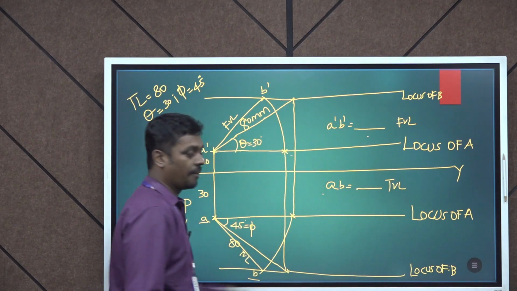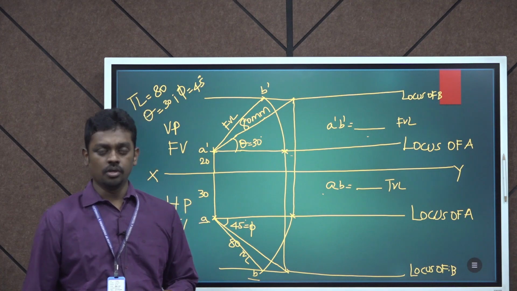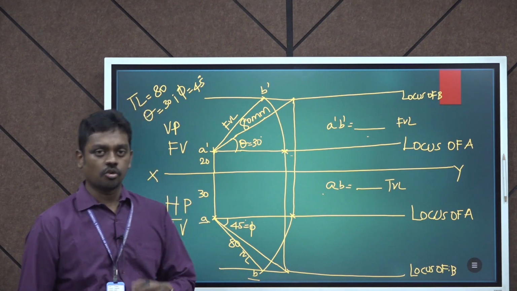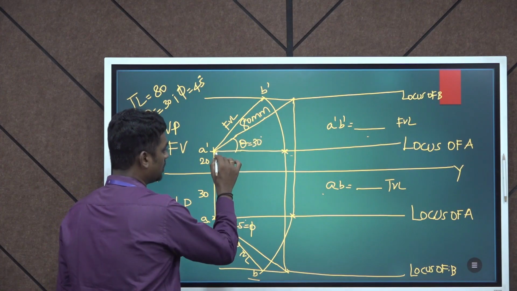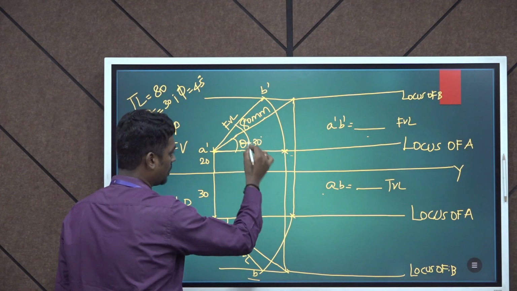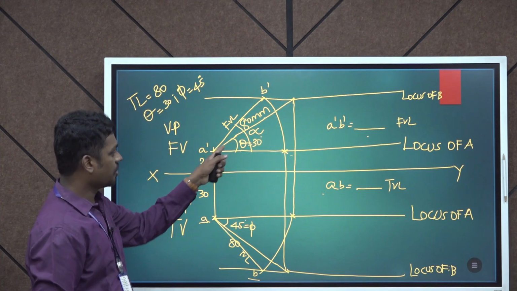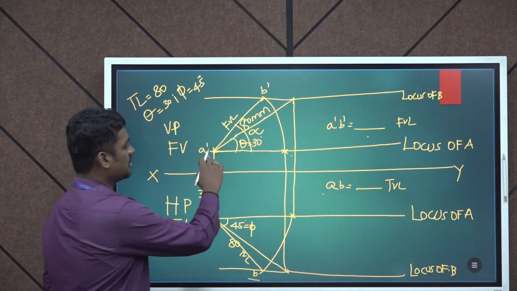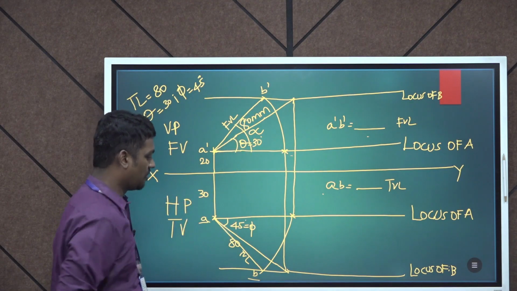So, this is the apparent length they have asked, and also they have asked us to find out the apparent inclination. How to determine the inclination means just measure the angle from this line to this line. This angle is called as alpha. If you are measuring using a protractor, what is the angle from this locus of A line to this front view length line, this is called as alpha.